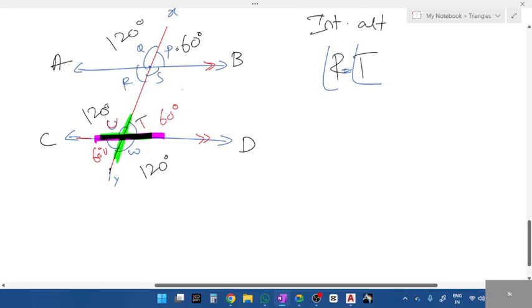Interior alternate angles. So what will be the value of R? 60. Or you can even relate with angle P. Angle P will be equal to which one, students? Vertically opposite, angle P and angle R. Even that is the same. Next.